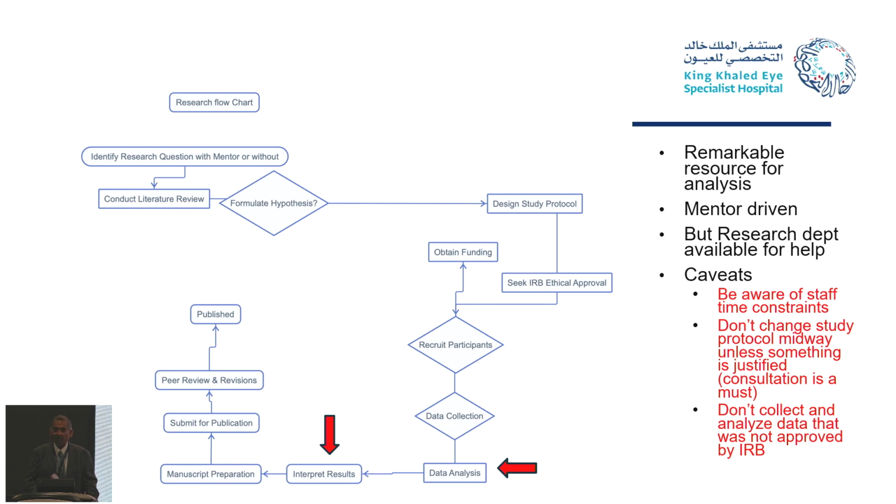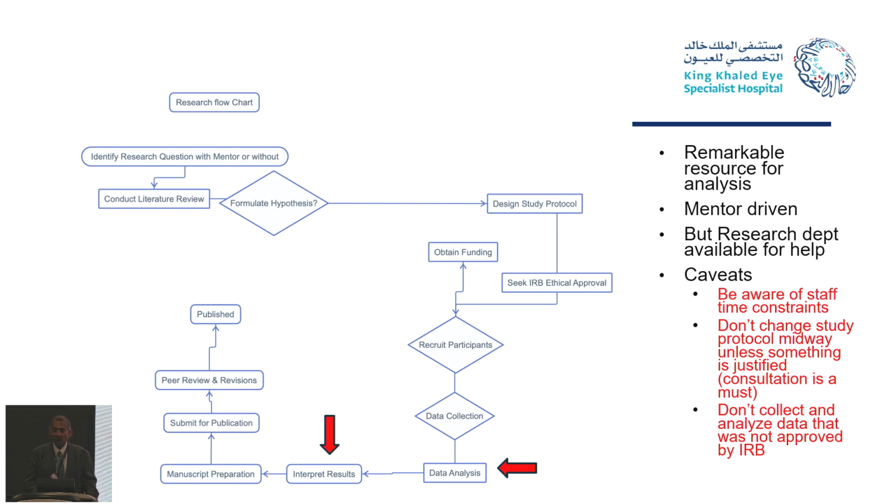But there are certain caveats I want to point out to you. There are about 40 of you, right? And if all of you submit everything at the same time, it's not possible to meet the deadline, right? So beware of staff time constraints. Don't change the protocol midway unless something is justified, and usually it is not.